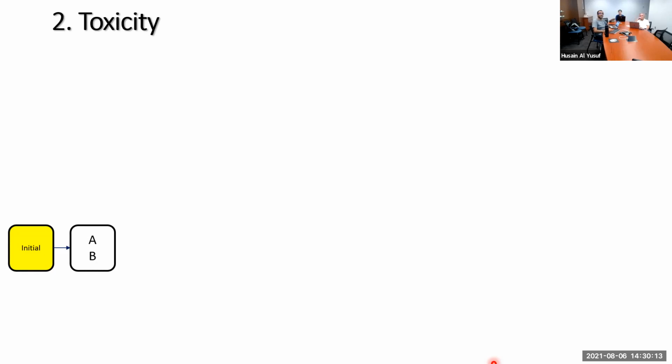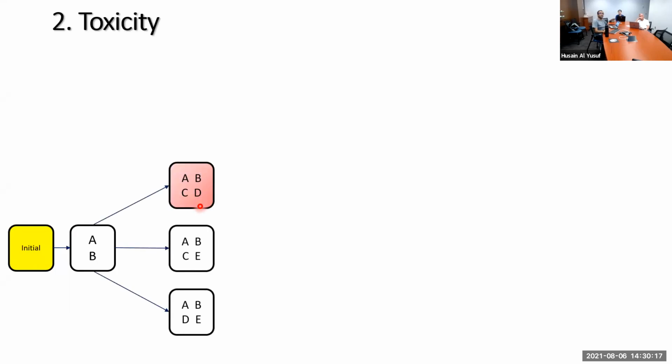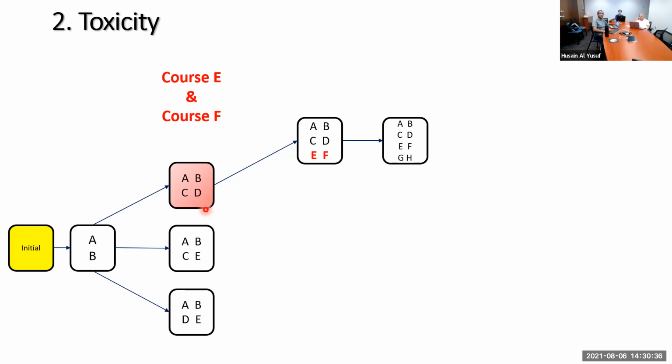Let's say someone has already passed courses A, B, C, and D, and wants to take, for next semester, course E and course F. What we want to say about toxicity is, does it make a difference for students to take these classes together or apart?